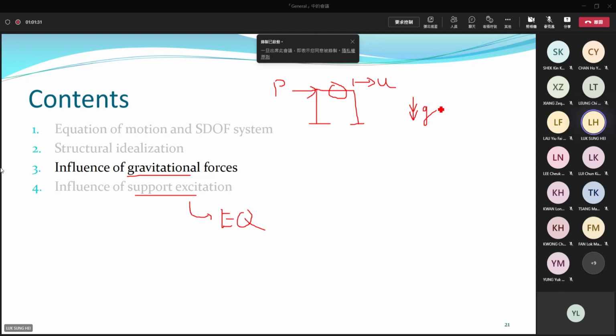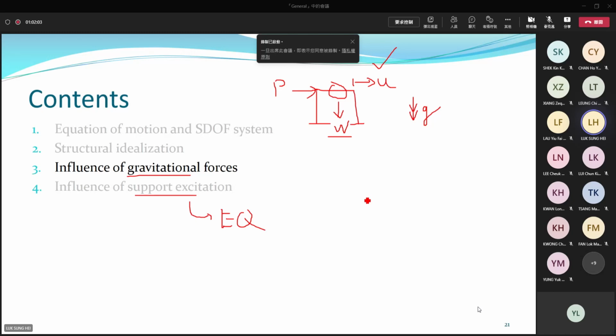The gravitational field gives you self weight. Self weight is something like external force. But in the previous formula, we did not consider self weight, because in the previous sections, we consider horizontal movement, in which the direction is orthogonal to the self weight. Orthogonal, then you don't need to consider, perpendicular to each other. That's why in the previous formula, we don't need to consider self weight effect, because they're perpendicular to each other.